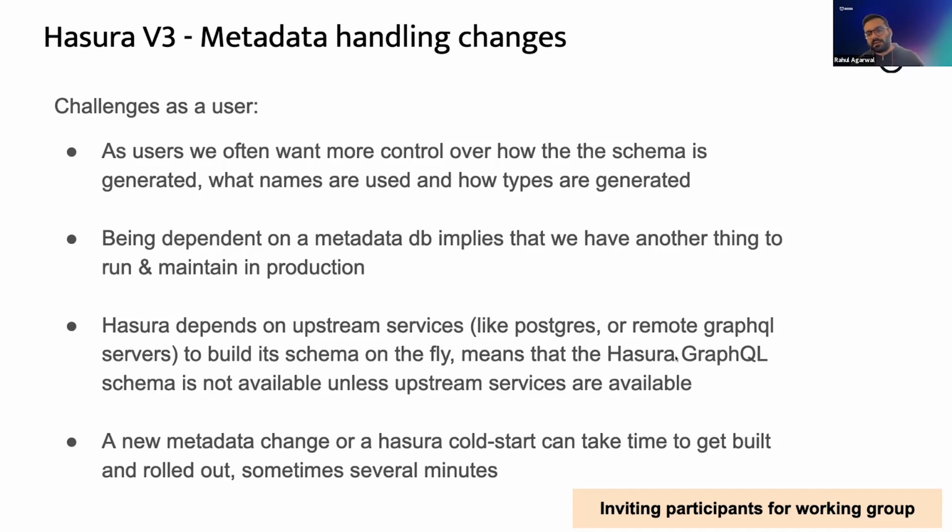Many users have been talking to us about this. And lastly, a new metadata change or a Hasura cold start can take time to get built and rolled out, sometimes even several minutes. So with V3 we are trying to go after all these pain points and challenges you are facing as a user and make things easier for you.